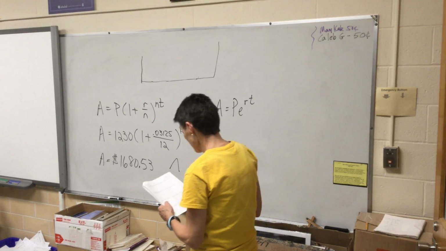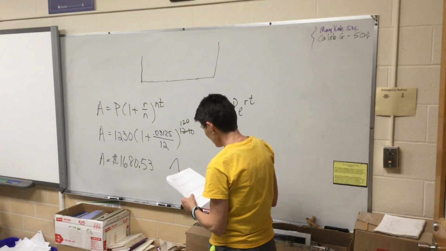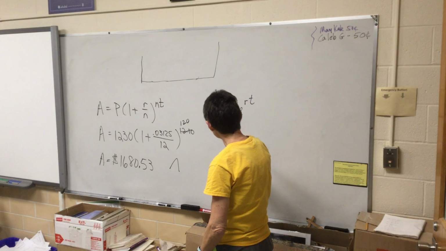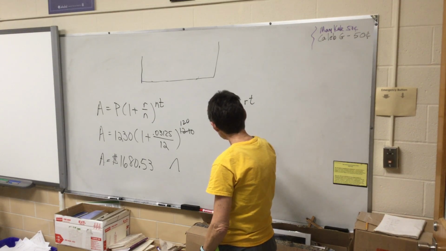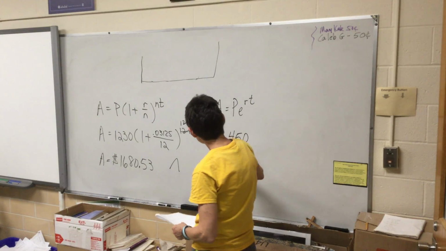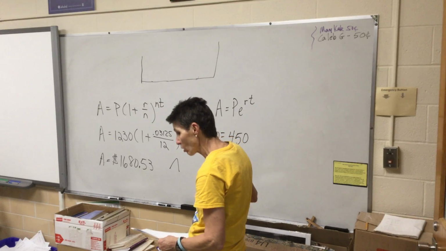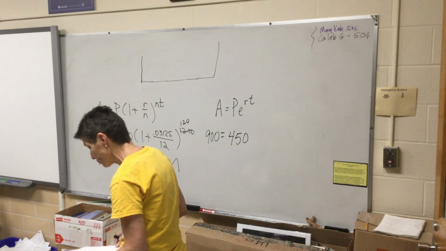All right, let's see what we got here. How long will it take for a population of 450? So we're going to start with 450, and it's going to double, so we're going to end up with 900. Okay, if we start with 450, we end with 900.